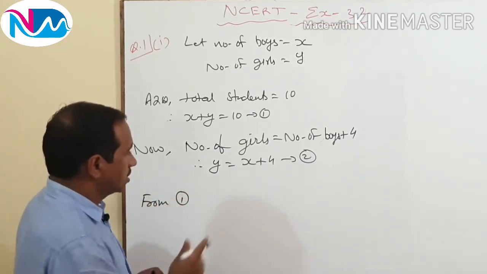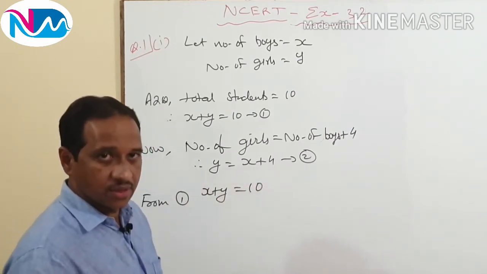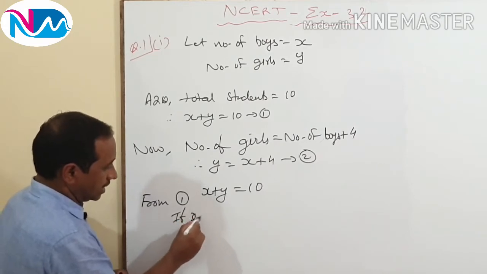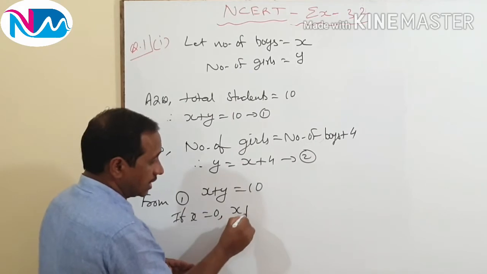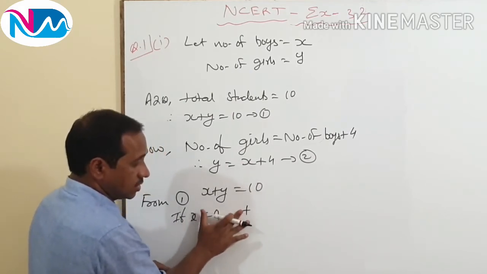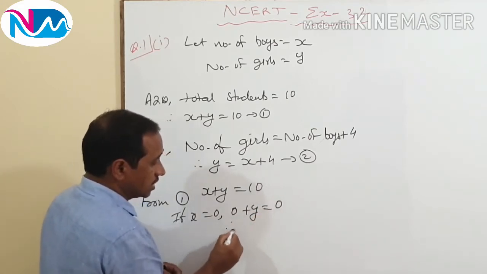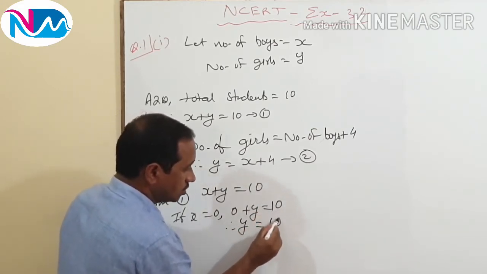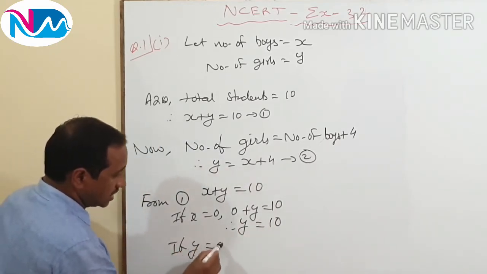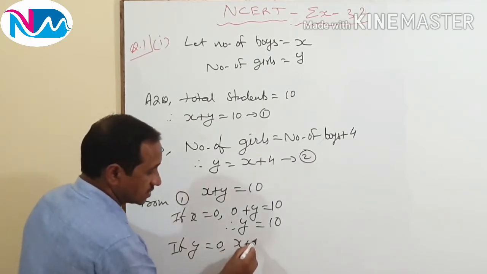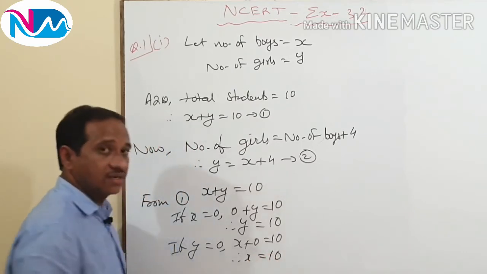From equation 1, we have x plus y is equal to 10. If x is equal to 0, then 0 plus y is equal to 10, therefore y is equal to 10. If y is equal to 0, then x plus 0 is equal to 10, hence x is equal to 10.